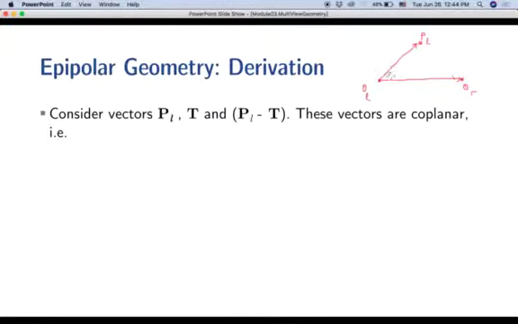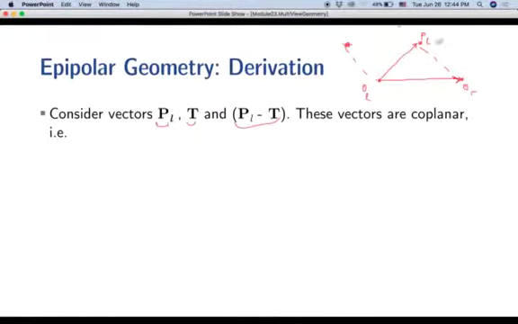Okay, so Pl, T, and then this Pl minus T, which would be somewhere here, which is really what this vector is going to be. Okay, so Pl, T and Pl minus T, they are 3 points, right? So 3 points make a plane.